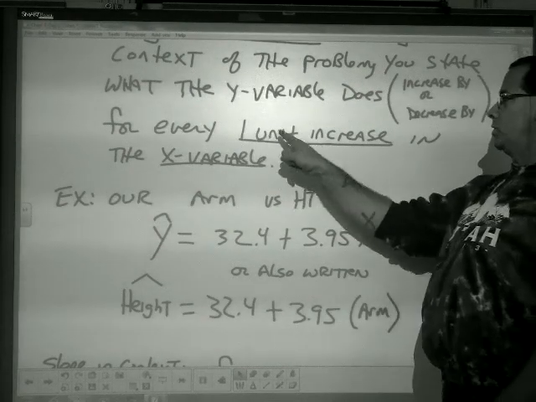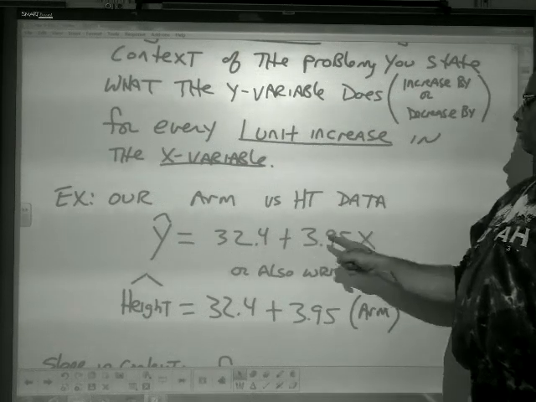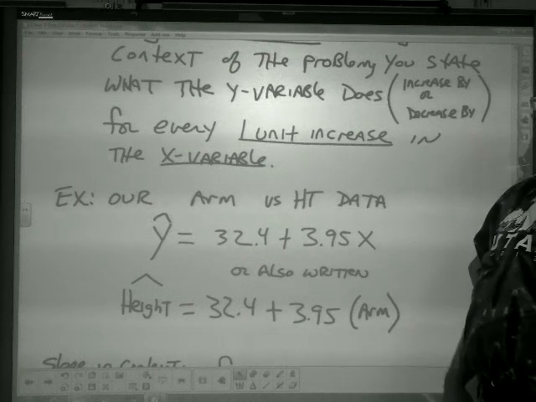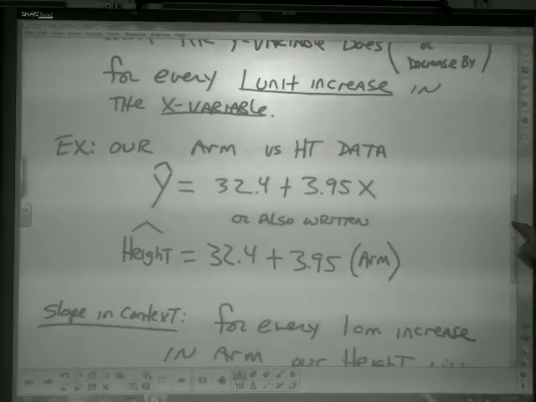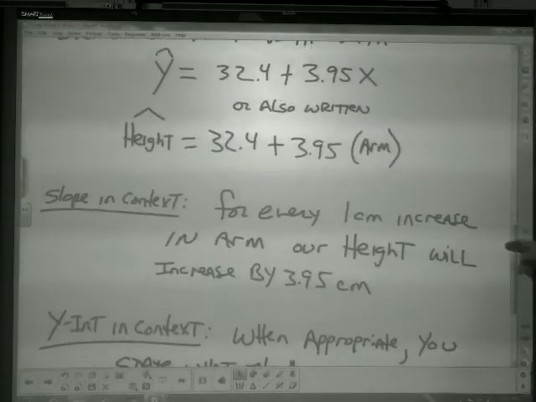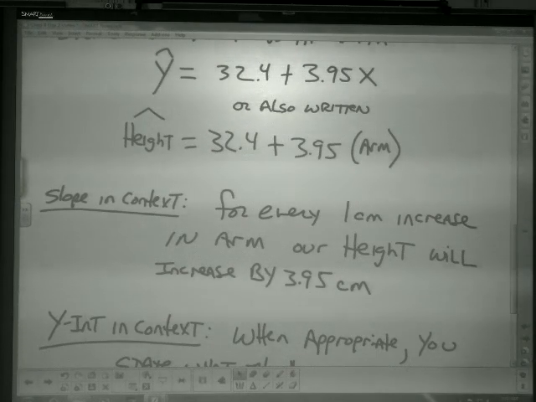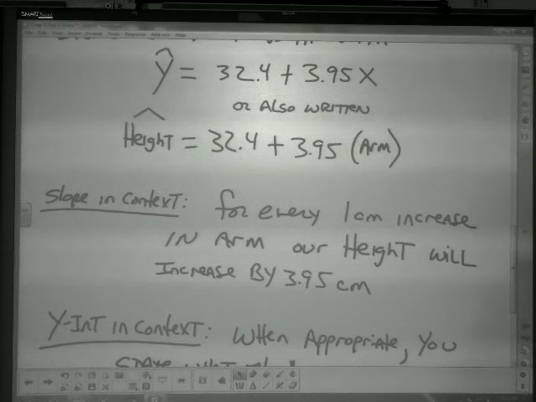The x variable, we're always going to talk about a 1 unit increase. The y variable, again, increase or decrease, it depends on whether the slope is positive or negative. For every 1 centimeter increase in our arm, our height will increase by 3.95 centimeters. That's the slope in the context.